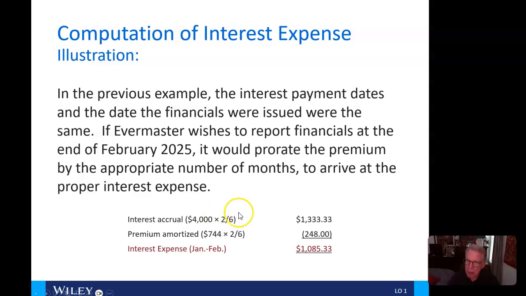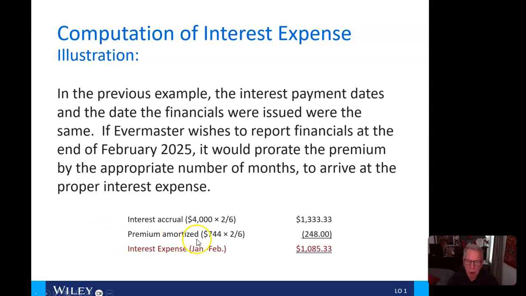Okay, in the previous example, the interest payment dates and the date the financials were issued were the same. If Evermaster wishes to report financials at the end of February 2025, it would need to prorate the premium by the appropriate number of months to arrive at the interest expense. So at the end of February, that means we would have 2 months. So the interest accrual is going to be $4,000 times 2/6, 6 months, or $1,333.30.